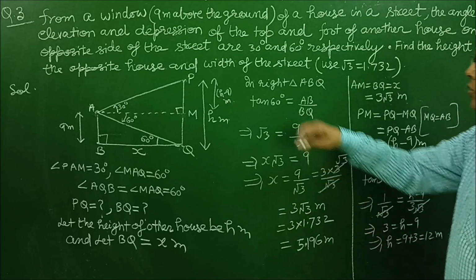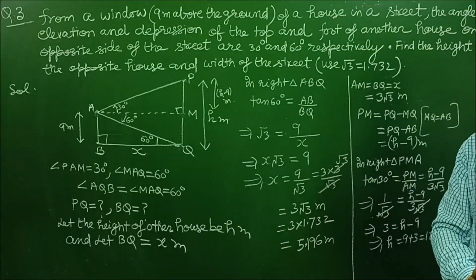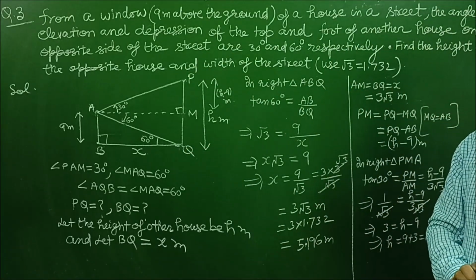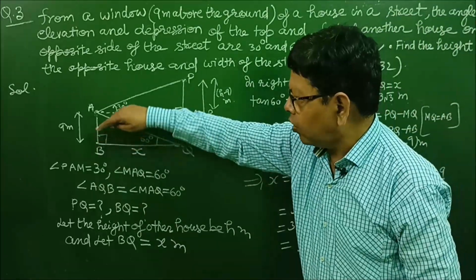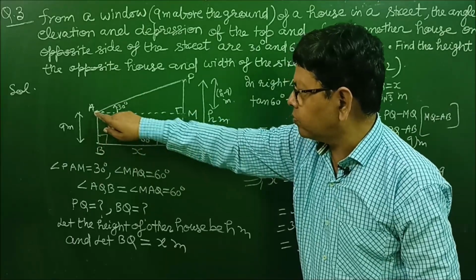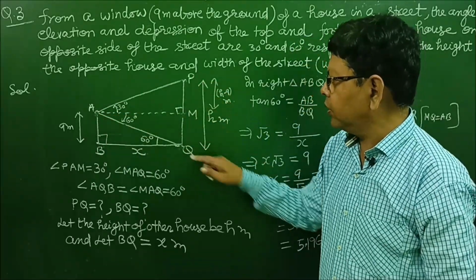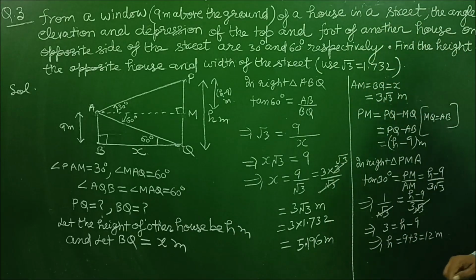So the height of the other house which we are observing from the window of the house on the other side of the street. From the point A we are observing the house PQ. Then the height of the house PQ, we have calculated, is equal to 12 meter.